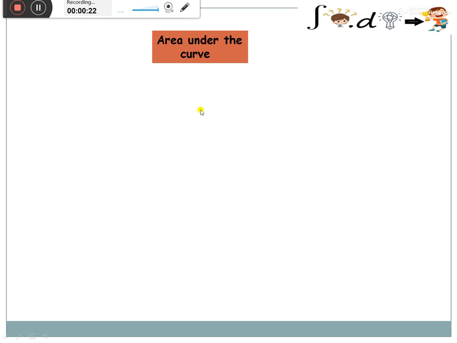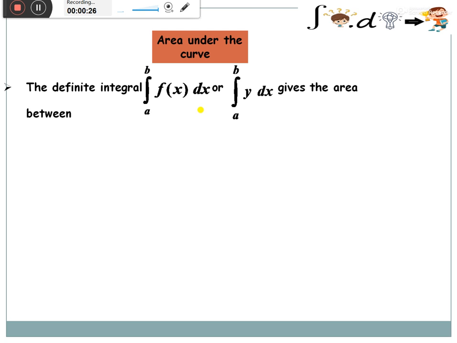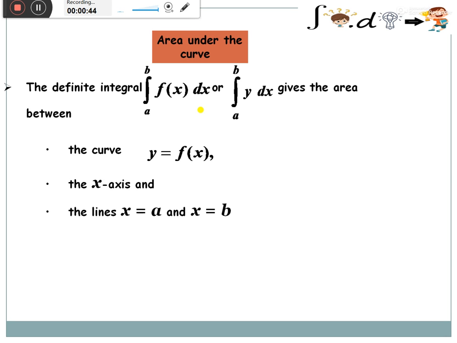First of all, we have to remind what is the area under the curve. The definite integral from a to b f(x) dx, or integral from a to b y dx, gives the area between the curve y is equal to f(x), x-axis, and the lines x is equal to a and x is equal to b.